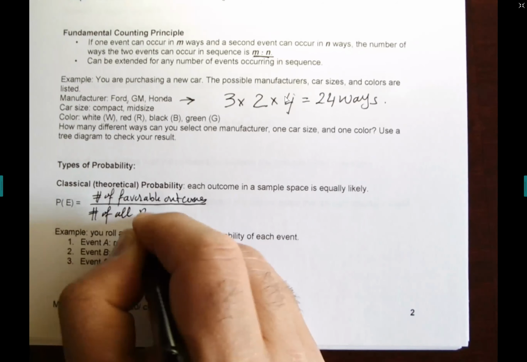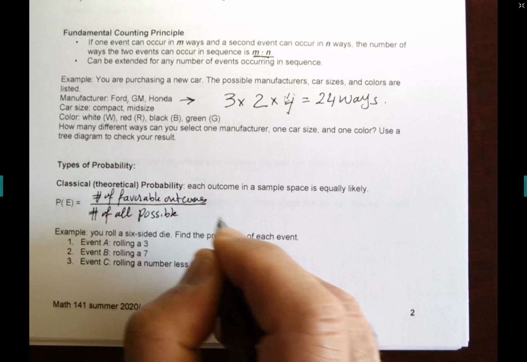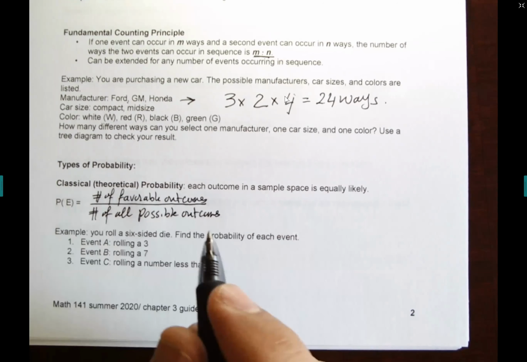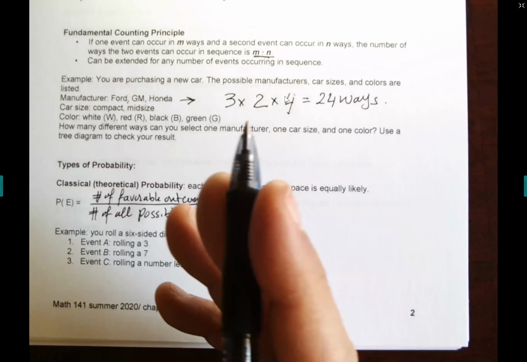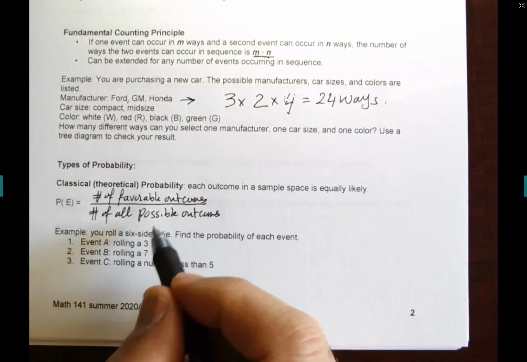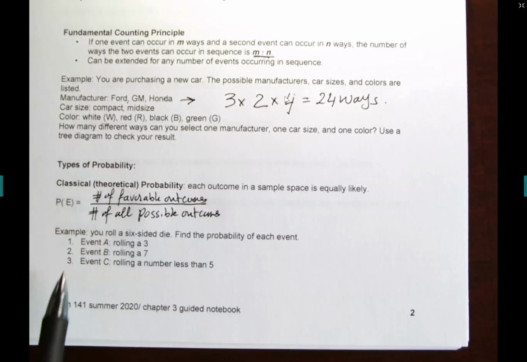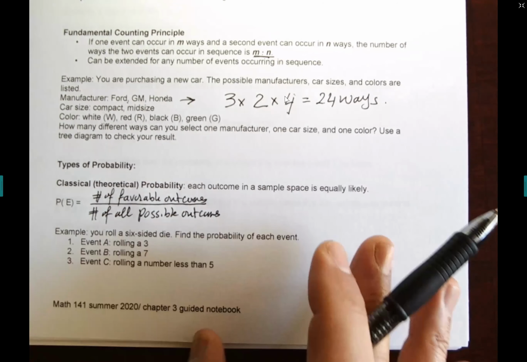The denominator is always bigger than the numerator. Favorable means the outcomes that work in favor of the event that you want to happen. Possible is everything.